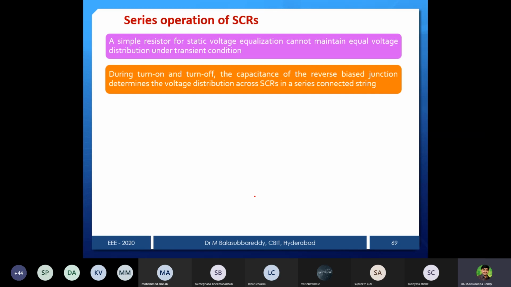Now we can see that the capacitance of the reverse biased junction determines the voltage distribution here. Why do I mention capacitance? In each SCR, junction J2 will act as a capacitance. The junction capacitance of SCR1 is not the same as that of SCR2 or SCR3 and so on.